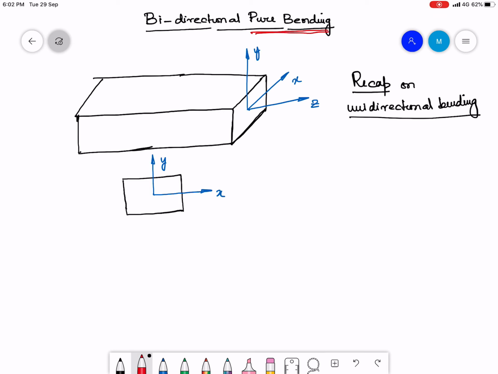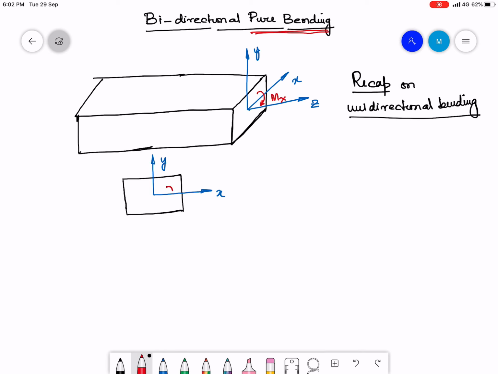So the only force that is acting is bending. So in unidirectional bending, only one bending moment acts on the beam. So in this case, let us take that as mx. Okay, so mx is the moment acting on the cross section of the beam, so as to say, about x axis.